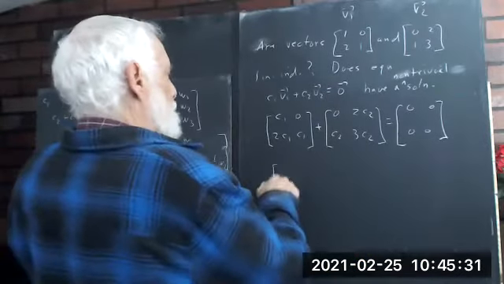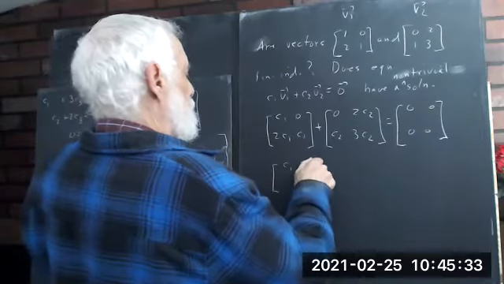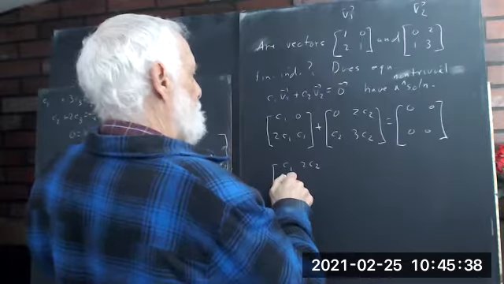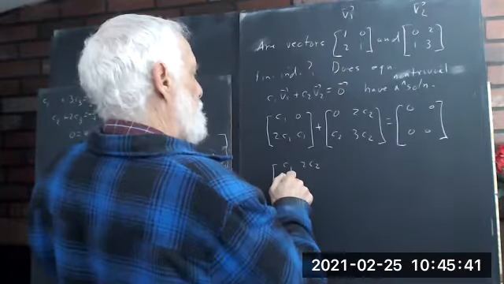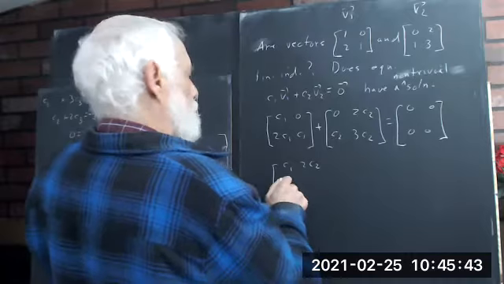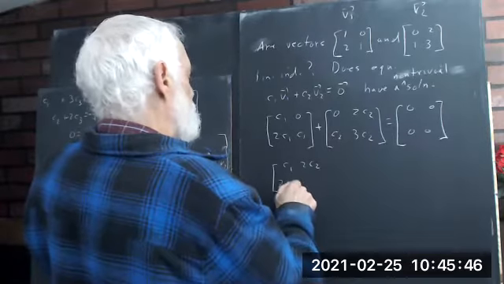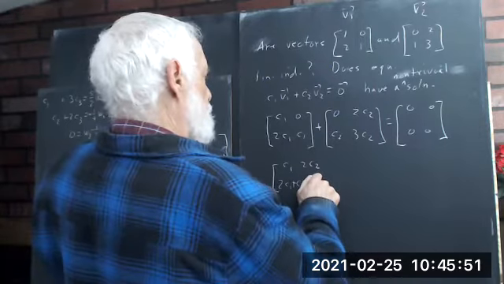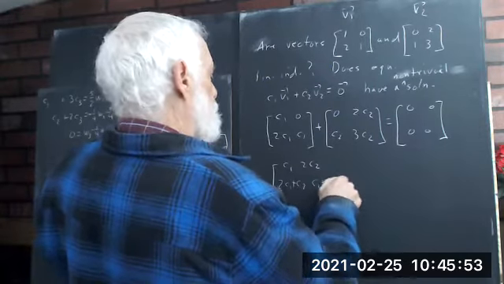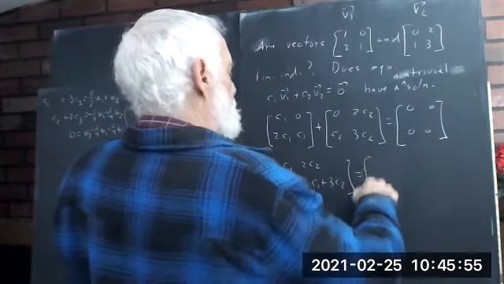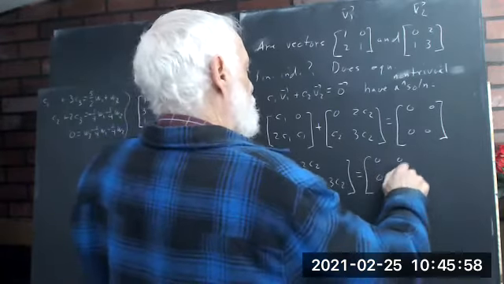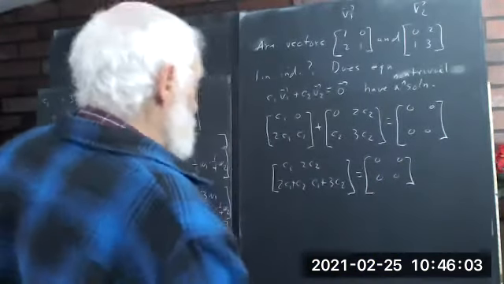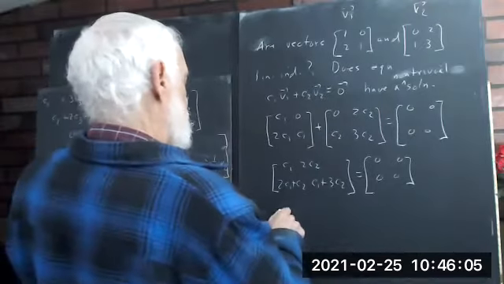And that becomes C1, 2C2, and then 2C1 plus C2, C1 plus 3C2, equals this.